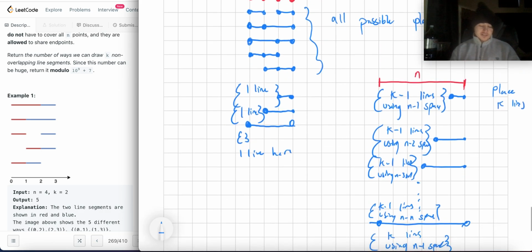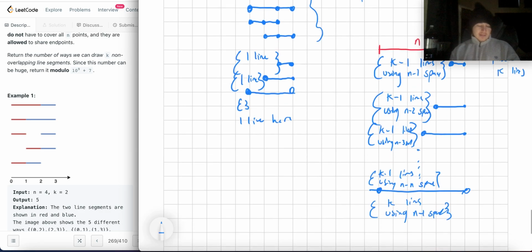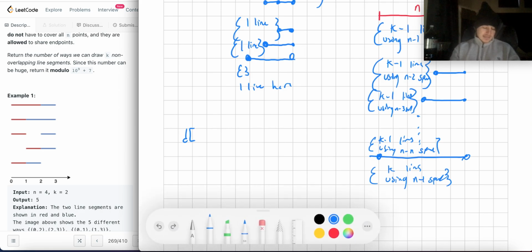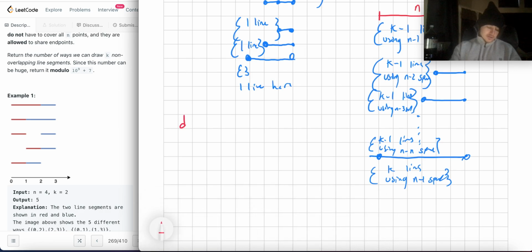So how do we generalize this idea? Well, let's just say that I have this dynamic programming array d of n, right? And I say, how many ways using k lines can I distribute those lines into n space?